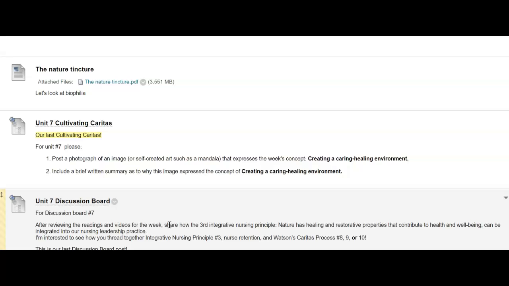So how can we integrate this third integrative nursing principle into practice? I'm also very interested to see how you thread together integrative nursing principle number 3 along with the other information that we're looking at, nurse retention and the Caritas processes 8, 9, and 10. So that is our very last discussion board.